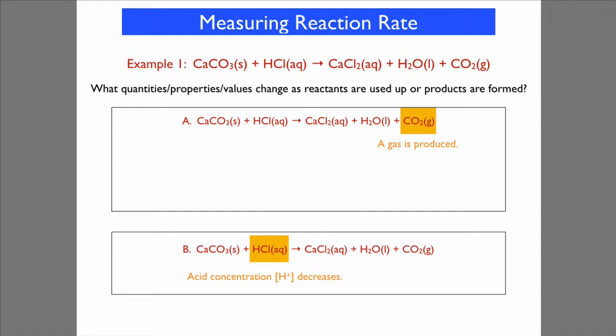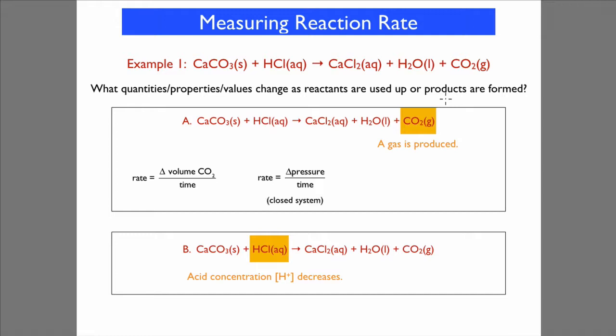Let's have a look at an example. We've got calcium carbonate with hydrochloric acid, giving us calcium chloride, water and carbon dioxide. What quantities or properties or values change as reactants are used up or products are formed? Well, we can see in A, a gas is produced. If a gas is produced, we could measure the change in volume of carbon dioxide over time.